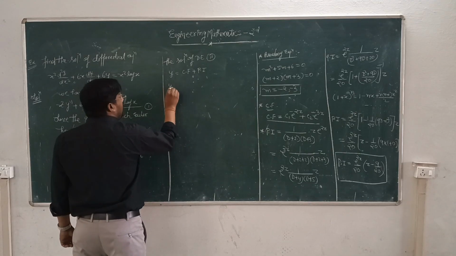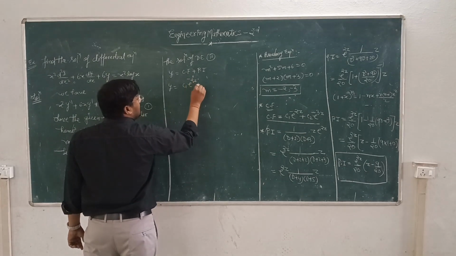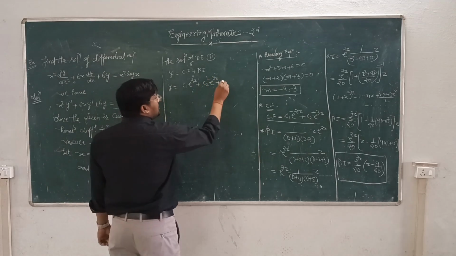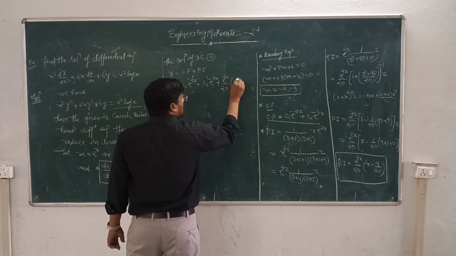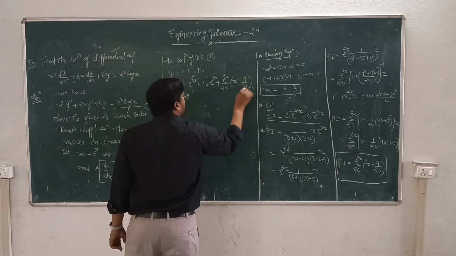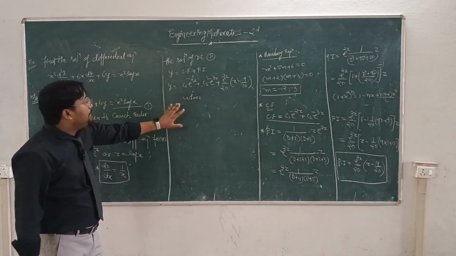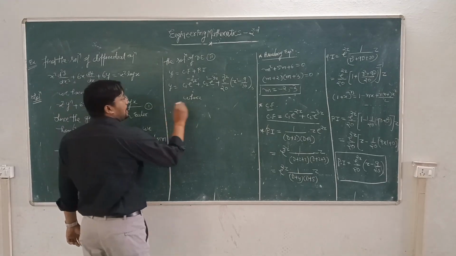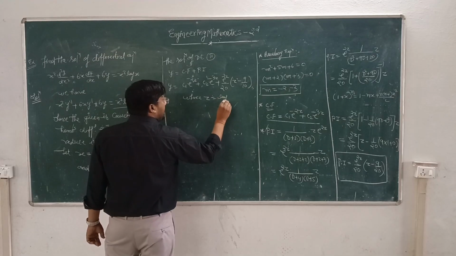You can write the value of CF: c1 e to the power minus 2z plus c2 e to the power minus 3z, plus PI is equal to e to the power 2z upon 20 (z minus 9 upon 20), where, for the solution of equation first, you can write z is equal to log x.